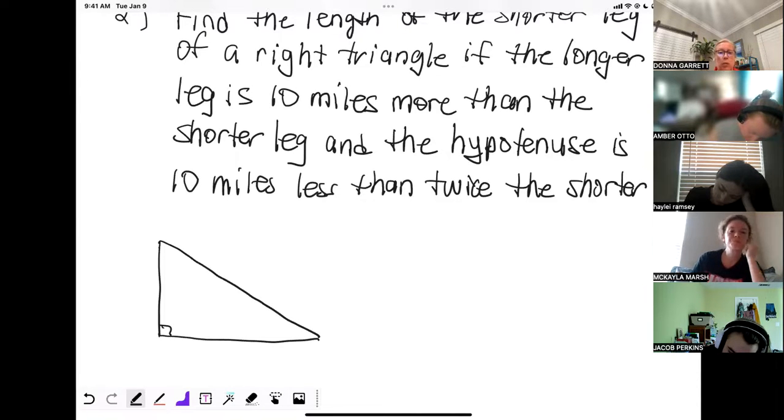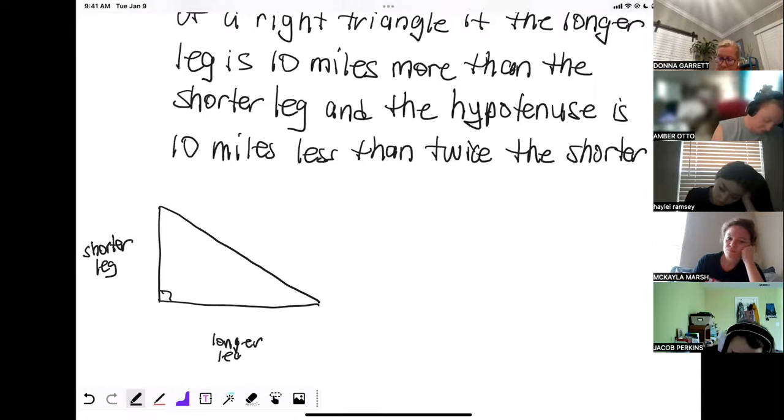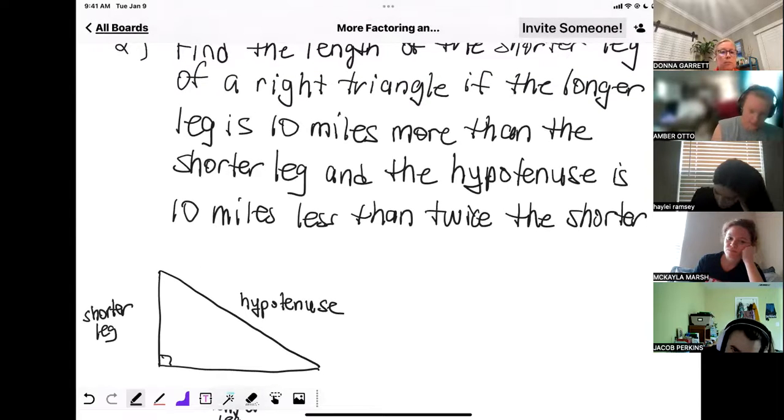I drew it purposely to make one look shorter than the other. So this is going to be my shorter leg. And this is going to be my longer leg. And this is my hypotenuse. Just so we keep it all straight, which one's what.